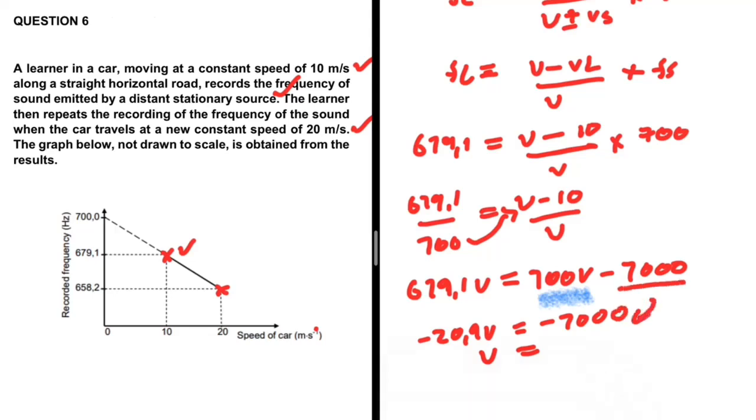We bring it here and we take this to the left hand side. Right, so it is minus 7,000. I was surprised. My answer was not making any sense. So V is equals to 334.93 meters per second. And there we go. We have our speed of sound in air.